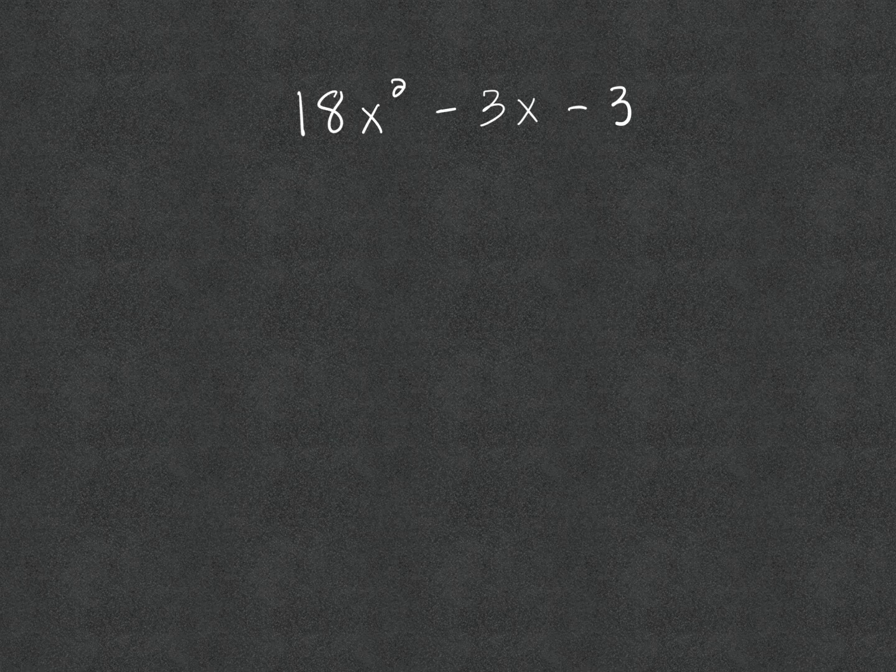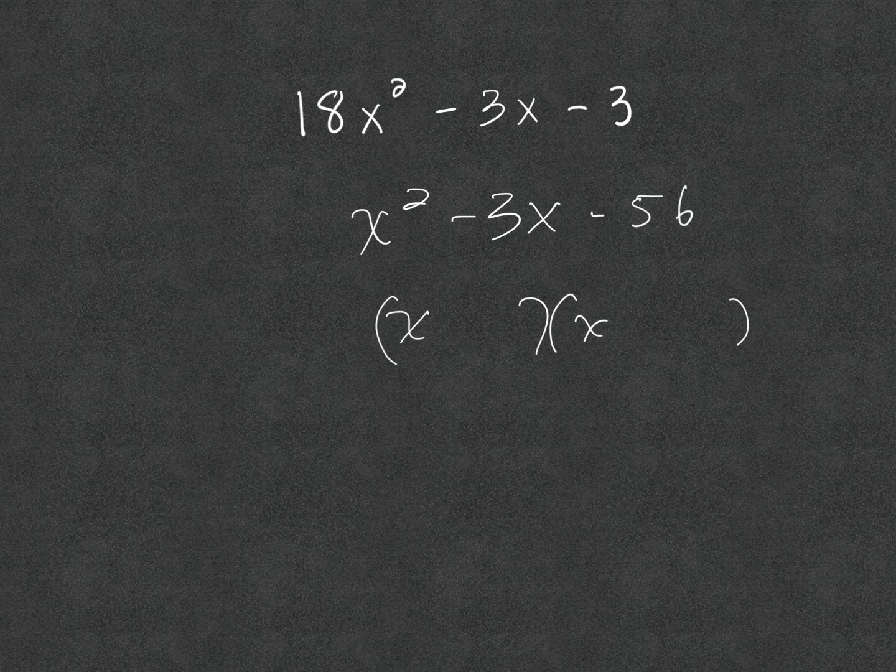Well, the first step is going to be x squared minus 3x minus 56, okay? Now, when we do that, we want to think about factoring. We're going to get an x and an x. 2 factors of 56 with the difference of 3. Well, that's going to be 9 and 6. 9 is going to be negative.